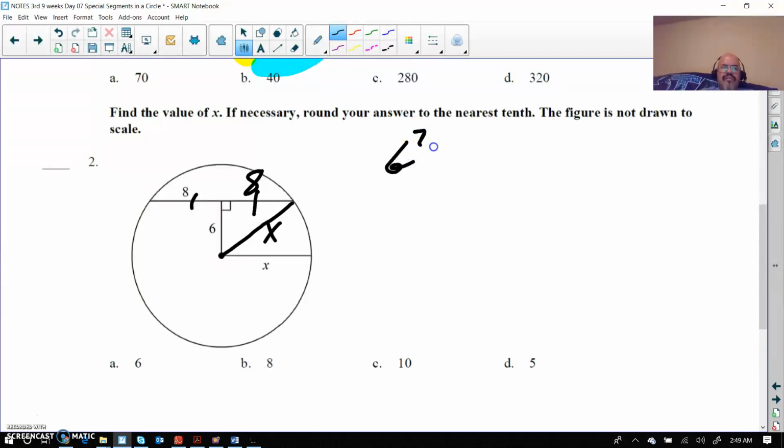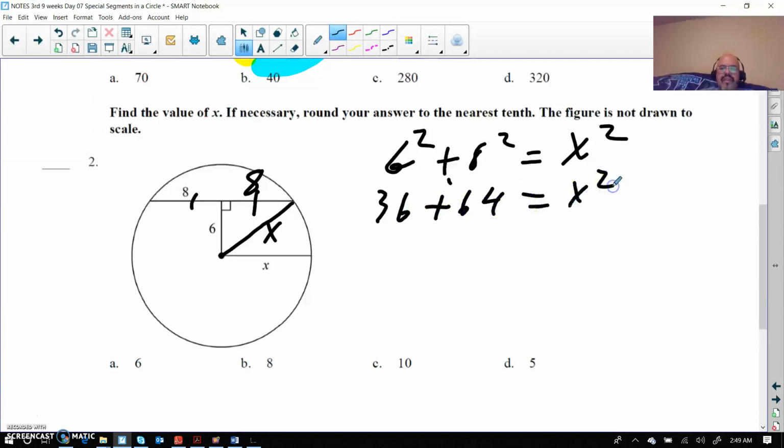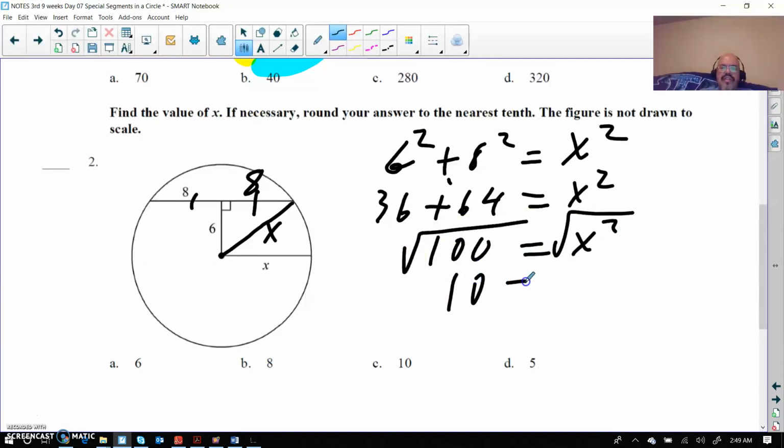So we have 6 squared plus 8 squared is equal to x squared. That's because that's a right triangle, so that's 36 plus 64. Then this is 100. Take the square root of both sides. So 10 is equal to our x.